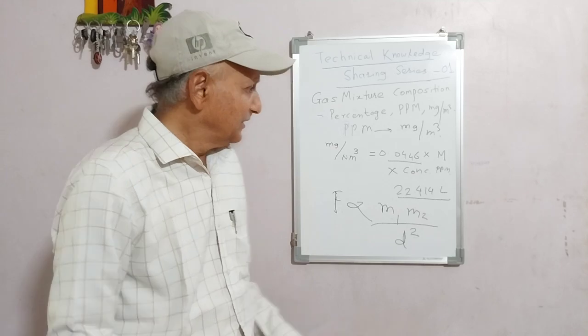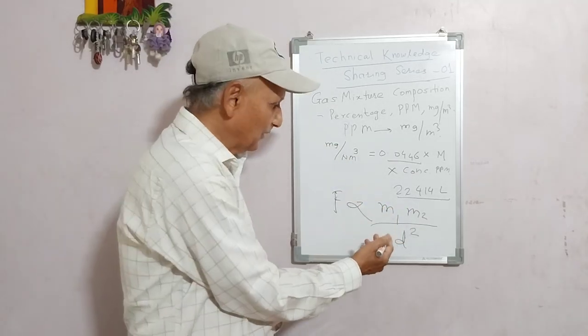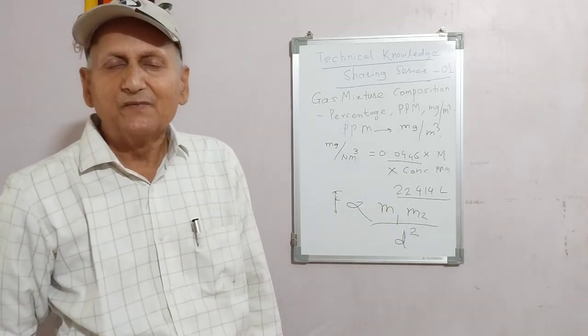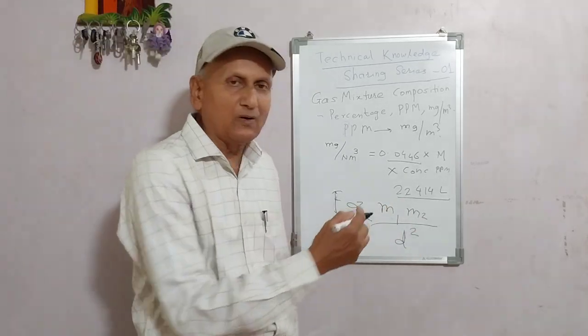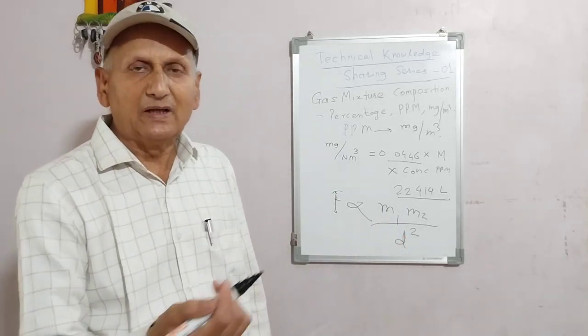I am surprised how these laws of nature are controlled by somebody. For example, Newton's gravitational force law. There, gravitational force is proportional to the product of the masses of those bodies, M1 into M2, and inversely proportional to the distance between the two bodies, that is d square. I am surprised how these laws of nature are controlled; anywhere you go you will find the same thing. It is applicable for gravitational force on the moon as well as on earth.